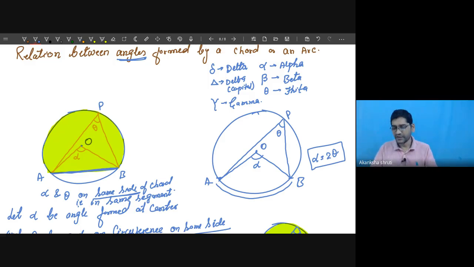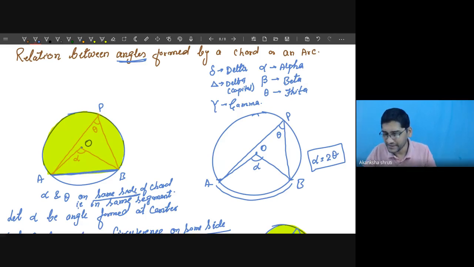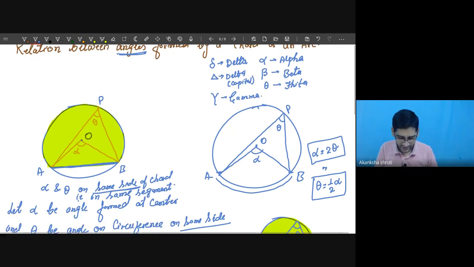So whether it is angle subtended by the arc AB at center and angle subtended by the same arc AB at circumference, then angle at the center is twice of the angle at the circumference. Or angle at the circumference is how much? Half of the angle at the center. Okay? Mean the same thing. Or even if we consider the chord AB, then the chord AB also subtends the angle at center, which is twice the angle subtended at the circumference. These are the things that we need to keep in mind.